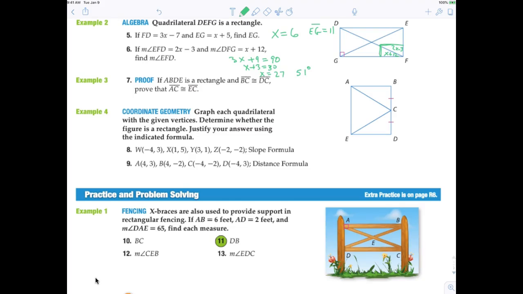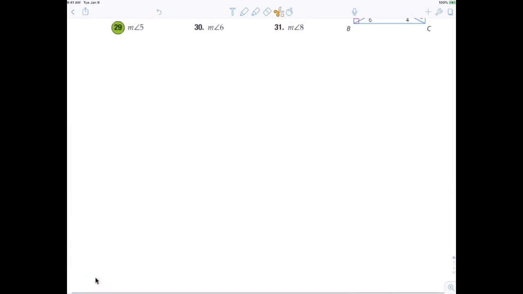Now, number 7. Here we go. It says, if ABDE is a rectangle and BC is congruent to DC, prove that AC is equal to EC. All right, so now again, this right here is the important part. Let's give it a shot. What I want to do is go ahead and pull this down to the bottom here.